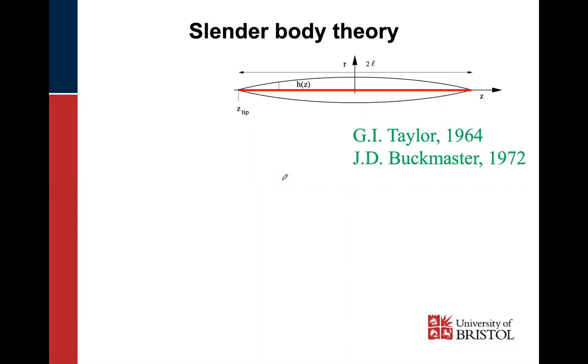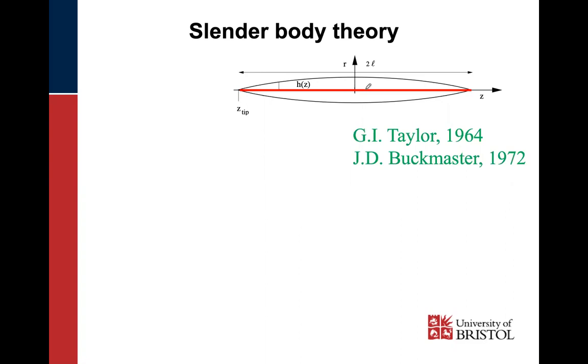And this is based on what's known as slender body theory. In slender body theory, you suppose a distribution of singularities, in this case, typically sources and Stokes slit singularities along the axis.